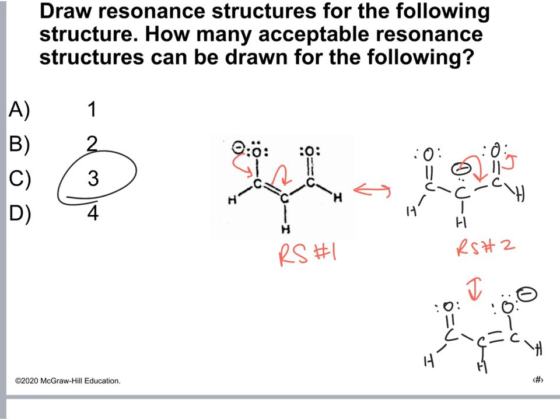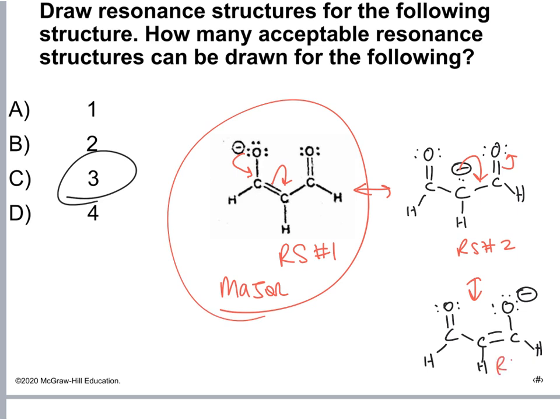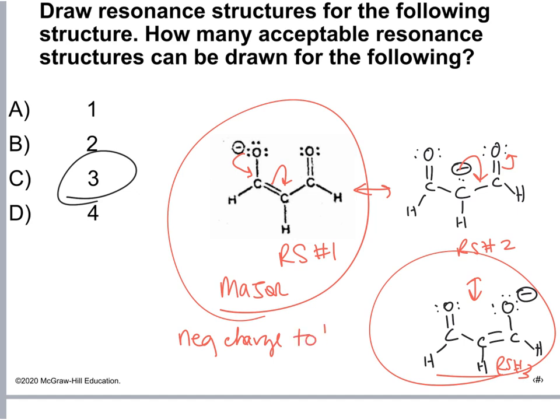Now, which ones are the major contributors? They all have only one formal charge, which is negative, but the major contributor will be this one and resonance structure number 3, and you'll learn that's because the negative charge needs to be on the more electronegative element.